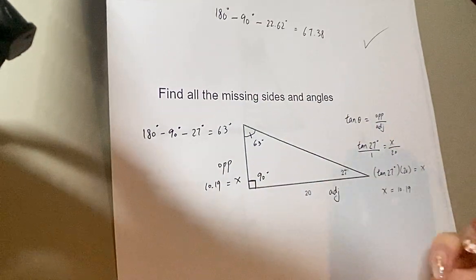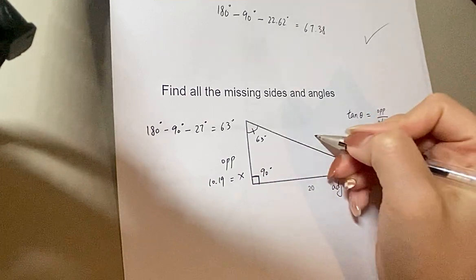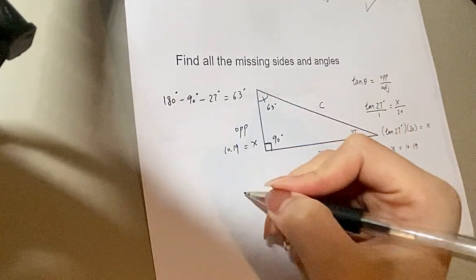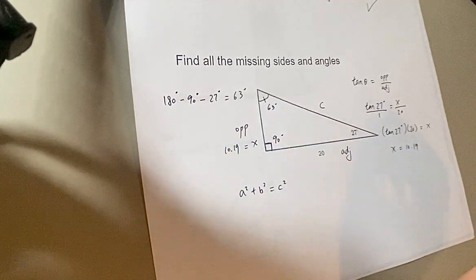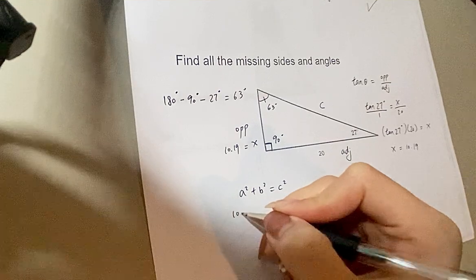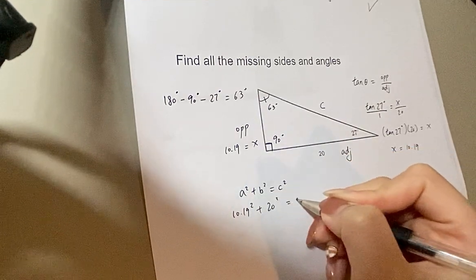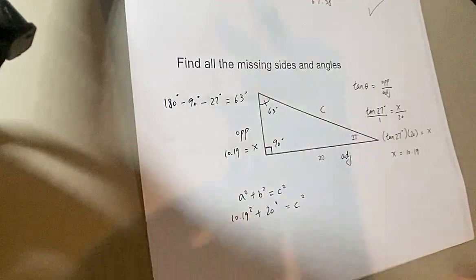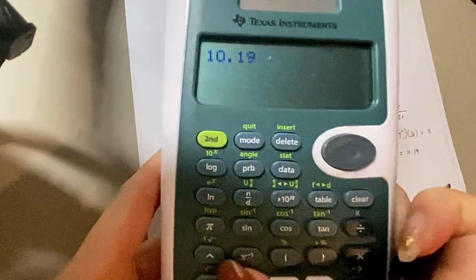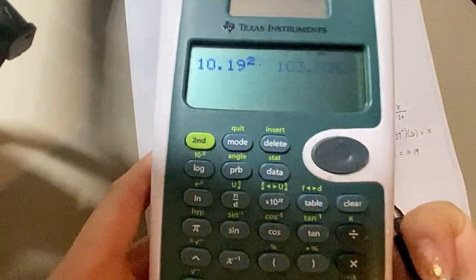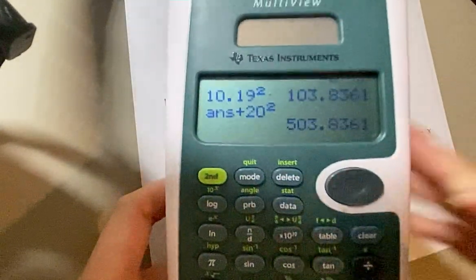Okay, so now we have this side and we have this side. So can we find this side using the a squared plus b squared Pythagorean theorem? So this side is 10.19 squared plus 20 squared equals c squared. And we can go ahead and plug that into the calculator. 10.19 squared plus 20 squared equals this number.